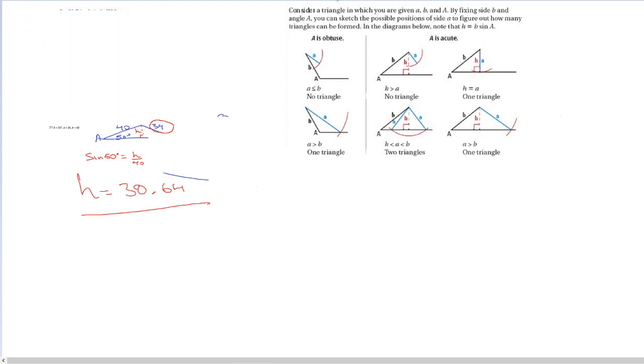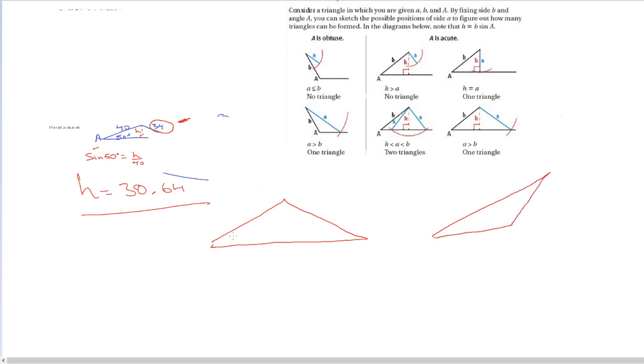So if you notice, this side here is A, and it's more than h, but less than 40. So that means we have two possible triangles. We have that one, and we have this one.